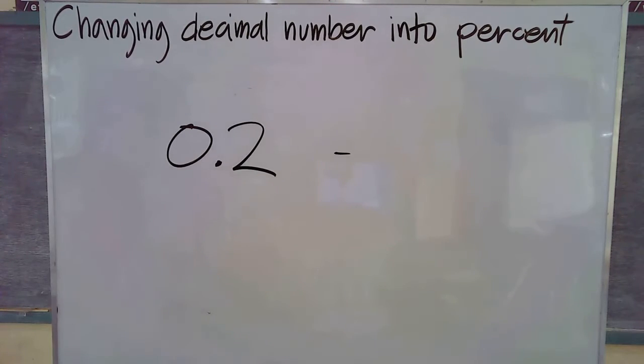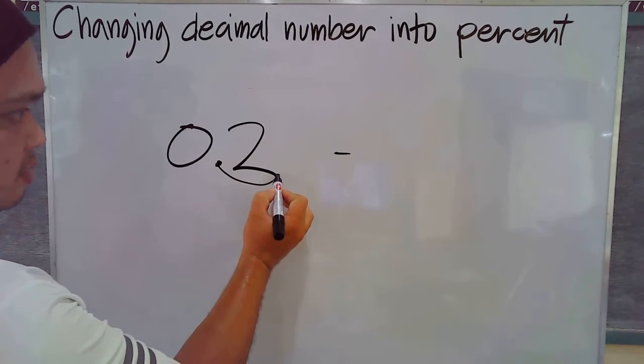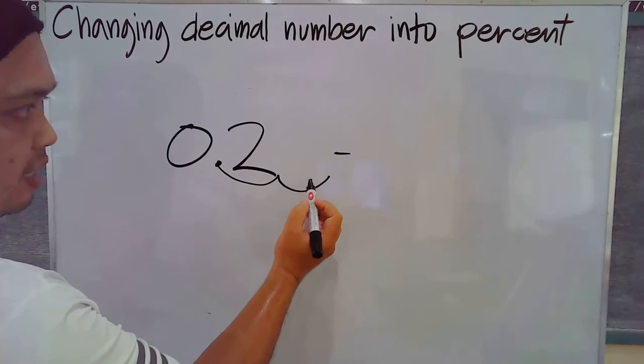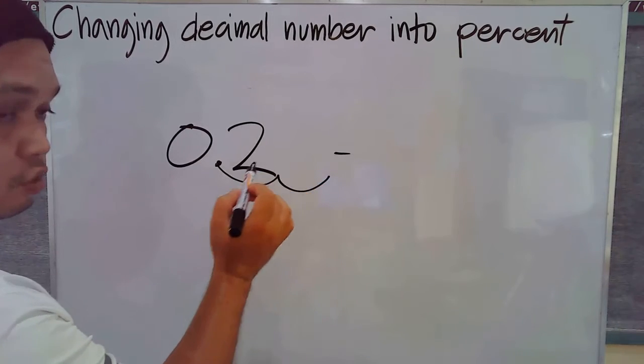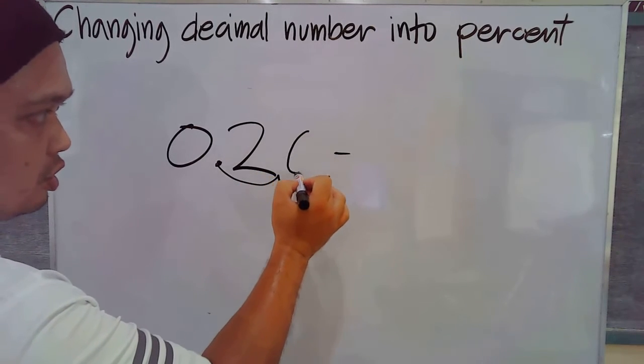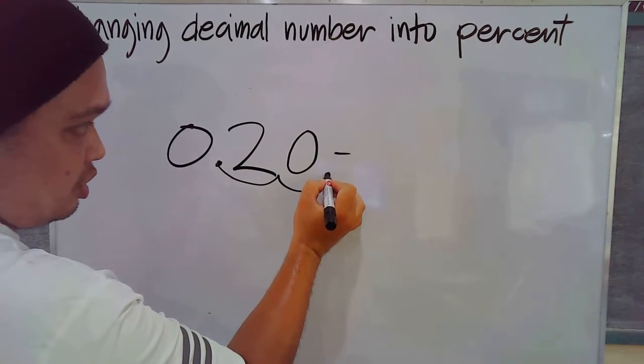From here, 2 steps to the right: 1, 2. We have a blank place value here, so all we need to do is put a zero on it.